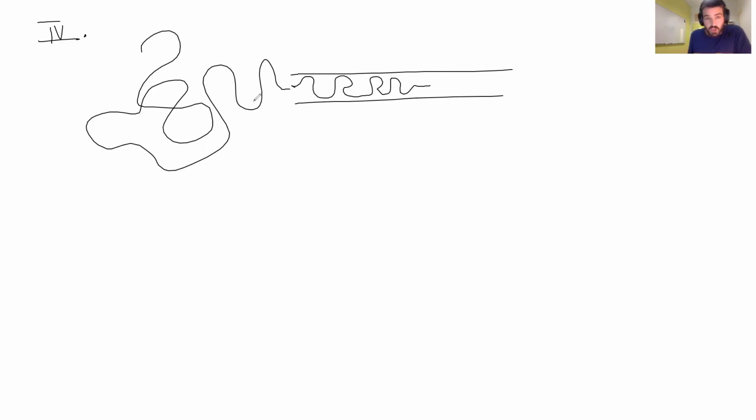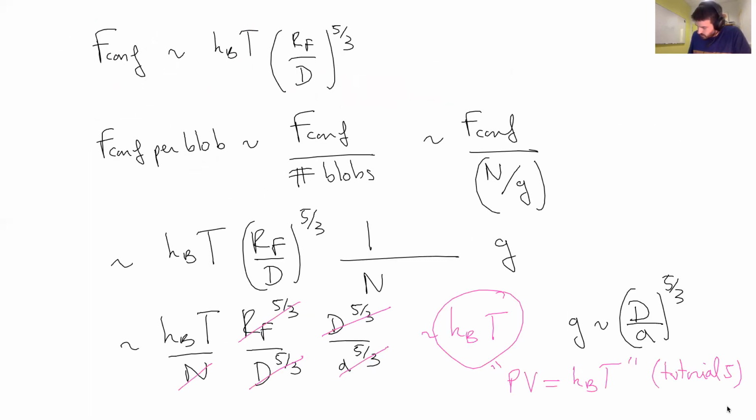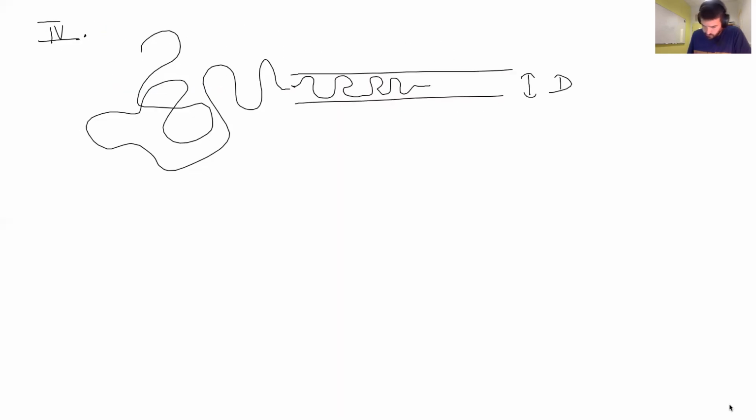So we have this polymer chain that is entering a tube that is pretty narrow. As before, we call it D. And it is very unlikely that it does this alone, because as we remember from tutorial number 5, the typical probability for having the whole chain confined inside the tube is something like that, if I remember correctly what we just wrote.